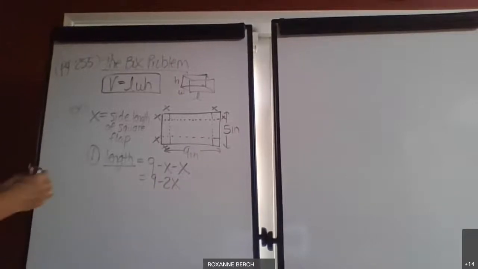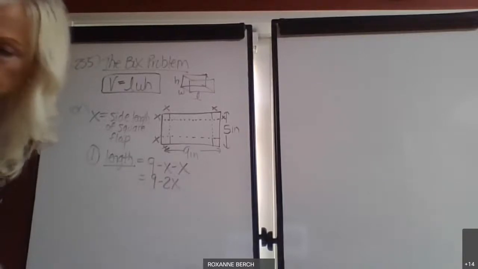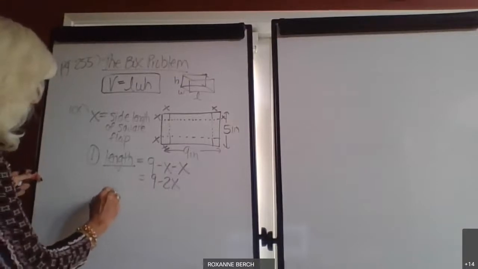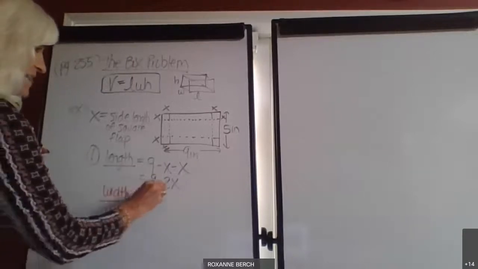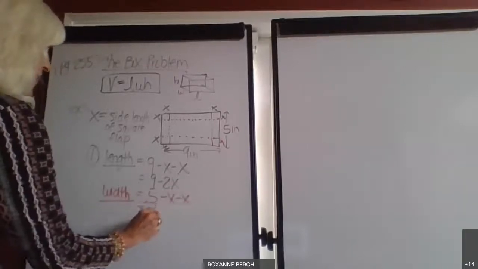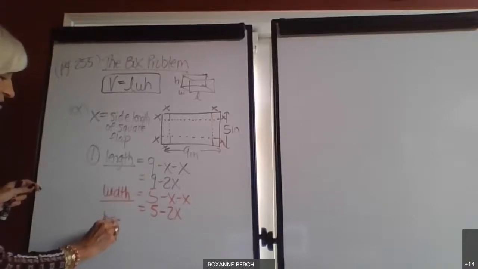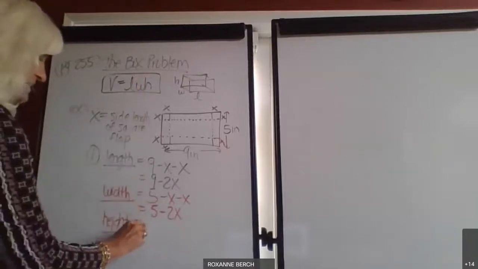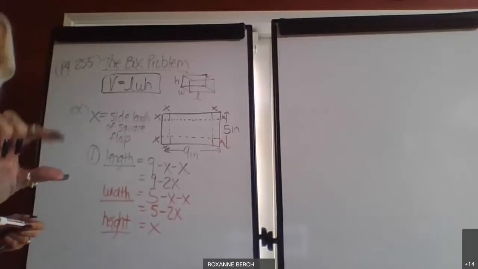So the width would be 5 minus x minus x, which is 5 minus 2x. And the height of the box, if we folded the box up, the height is x. Right? The height, x.